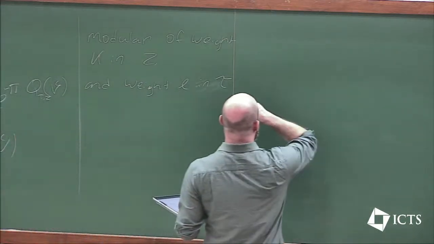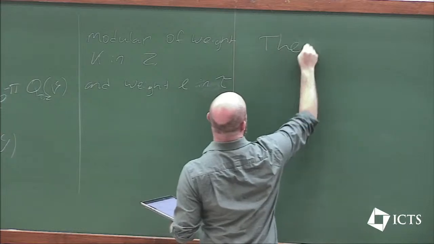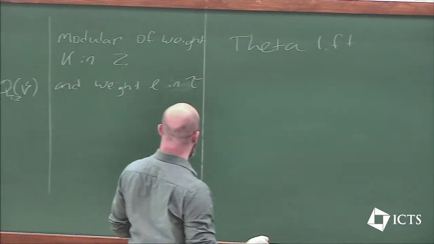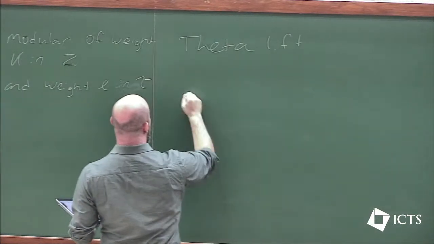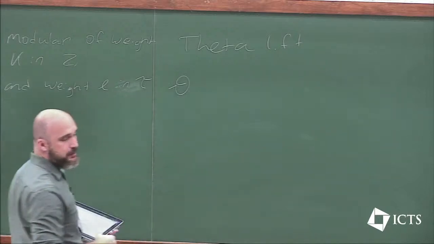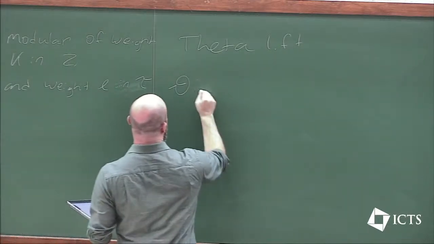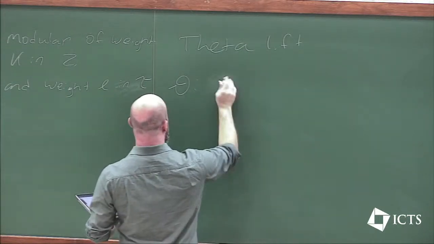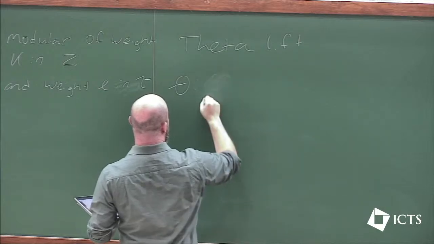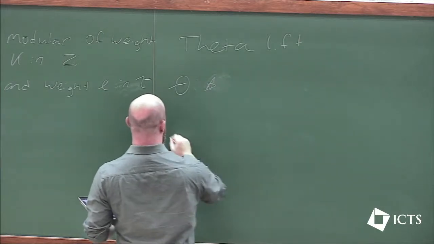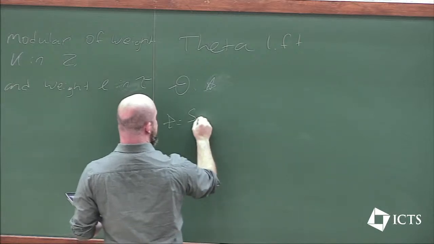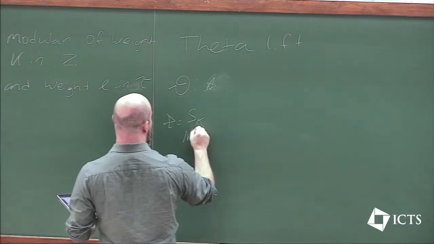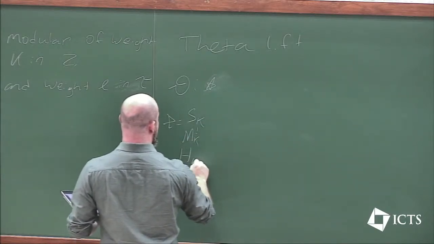Now, the way that the theta lift works, we're going to have a theta lift that we can think about as some kind of operator, which is going to take some function, some kind of modular object. So right here, let me leave a star here for the moment, where star could be, maybe this is SK, maybe this is MK, or maybe MK bang, or maybe this is HK.